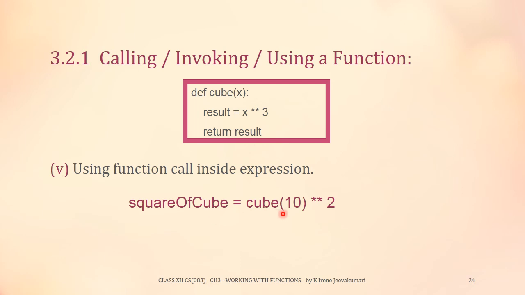So a function call can be used in an expression also. Here we have used the function call cube of 10 as one of the operands in an expression. Here the computed result of cube of 10 will be powered with number 2 and it will be stored in square of cube. So in this way also function call can be used.